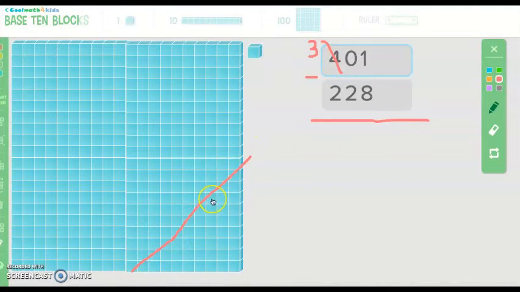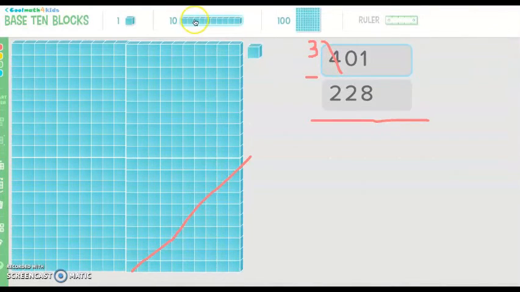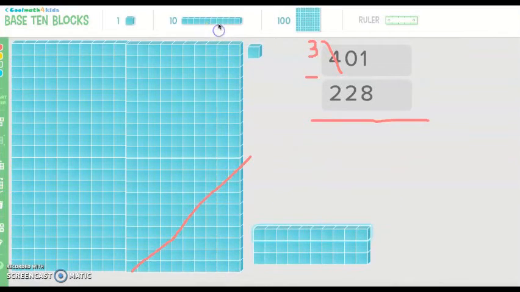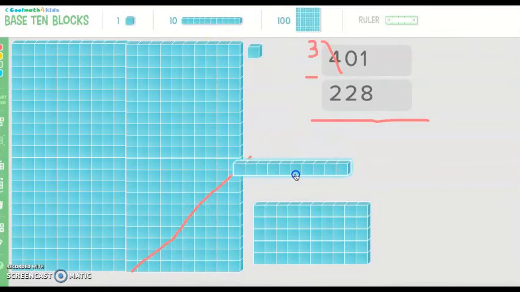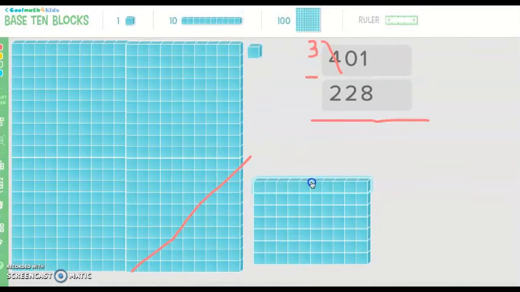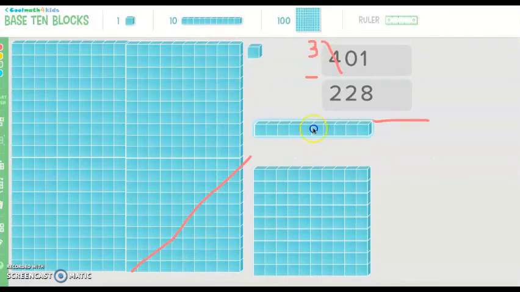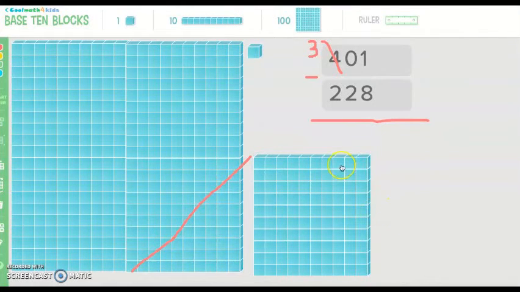This 100 right here, not the 400, the 100 right here, will now turn into 10 tens. So we're going to get 1 ten, 2 tens, 3 tens, 4 tens, 5 tens, 6 tens, 7 tens, 8 tens, 9 tens, and there's now 10 tens, as you can see.